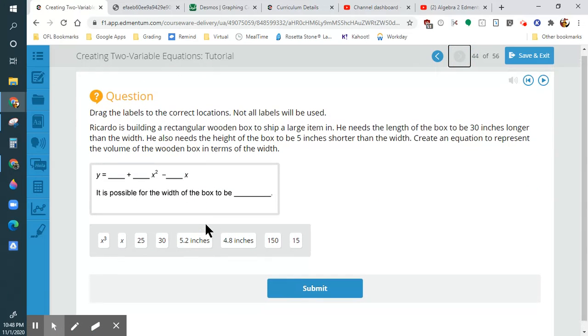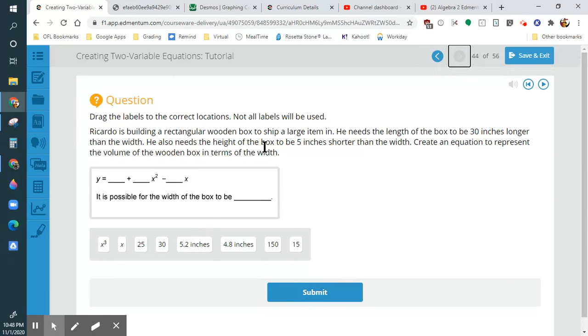All right, so let's take a look at this. So Ricardo is building a box. He wants the box to be 30 inches longer than the width. Okay, so length equals width plus 30 inches.